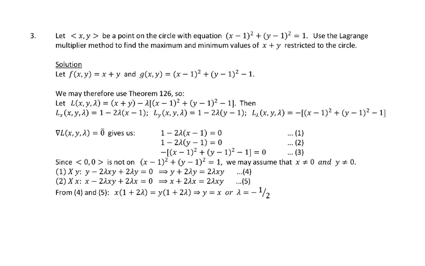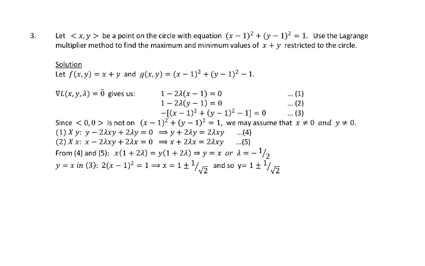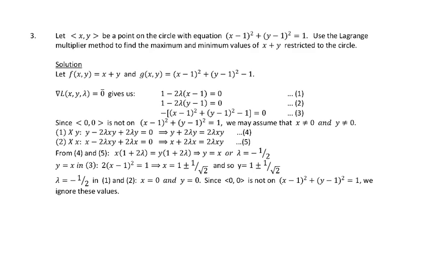And if you simplify that, you will see that you get y is x or lambda is negative a half. If you put y equals x in equation 3, we find that x is 1 plus or minus 1 over the root of 2, and because x is equal to y, that also means y is equal to 1 plus or minus 1 over the root of 2.